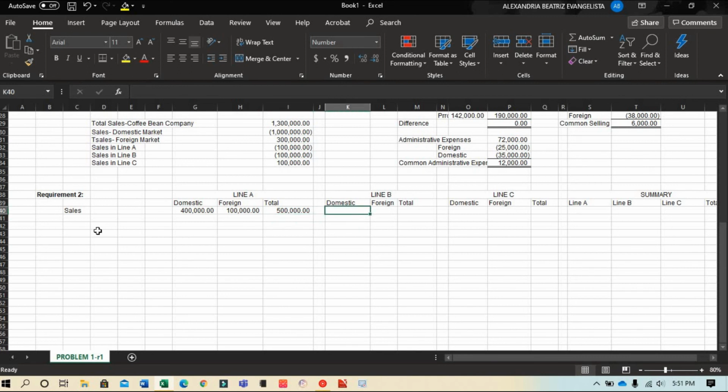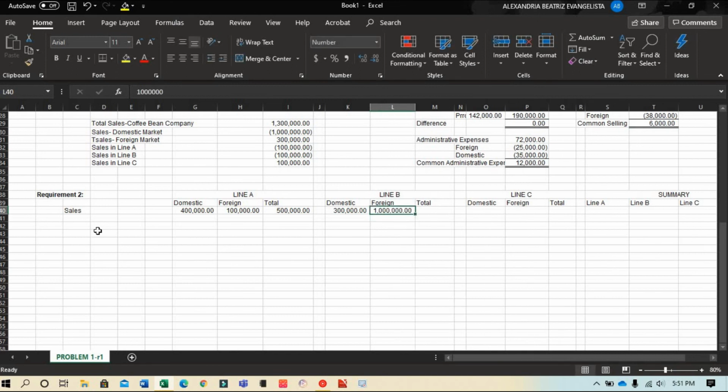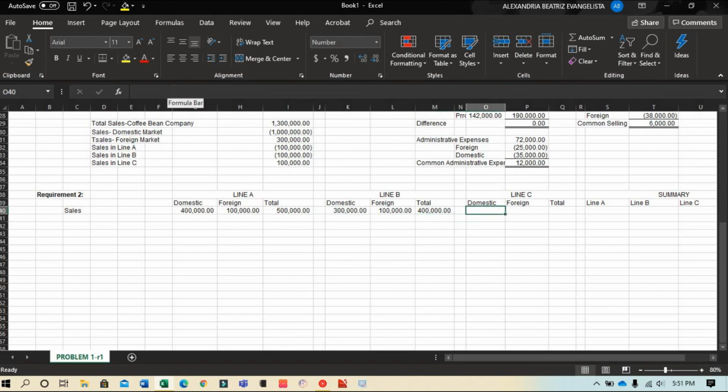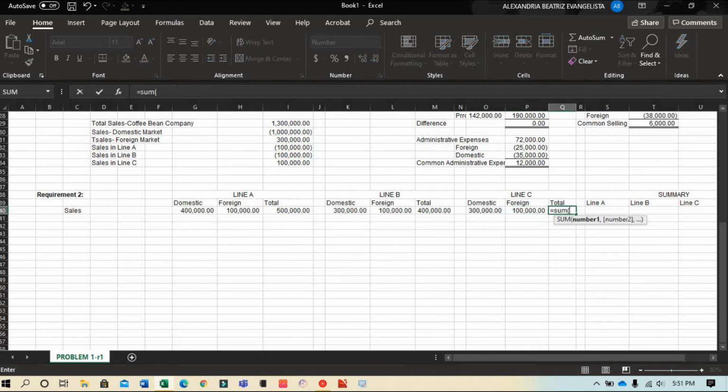For line B, under the domestic market is 300,000. For foreign, it is 100,000. And total of $400,000 sales under line B. And then for line C, under the domestic market, it is 300,000. For foreign, it is 100,000. And total sales for line C is $400,000.